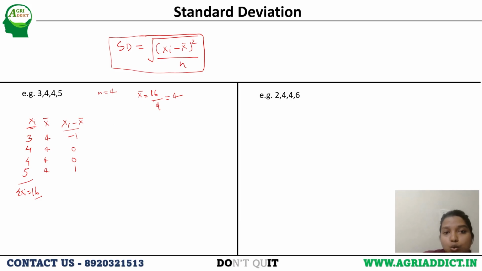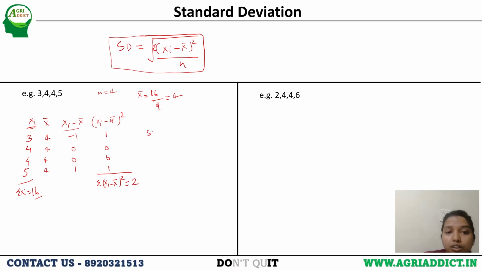Minus 1 square will be 1, 0 square will be 0, 0, and 1 square will be 1. Oh, one thing I forgot to mention, it will be the summation. So the sum of xi minus x bar, its square, 1 plus 1 will be 2.